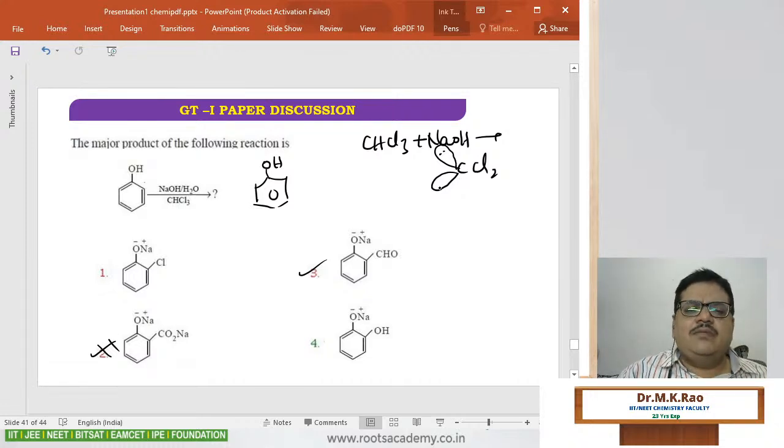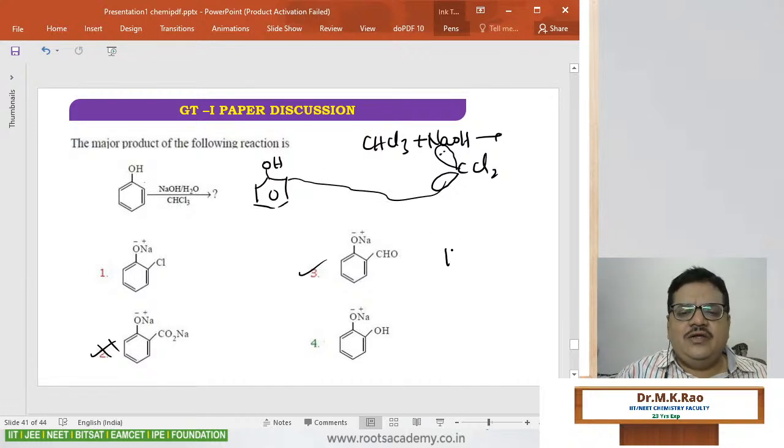In the mechanism of this reaction, first phenol forms the phenoxide ion, O minus. Now the pi bonding electrons migrate, giving negative and positive charges.